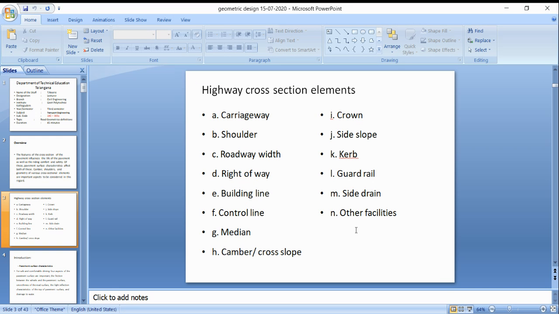Then camber or cross slope, crown, side slope, curb, guardrail, side rail, and other facilities.